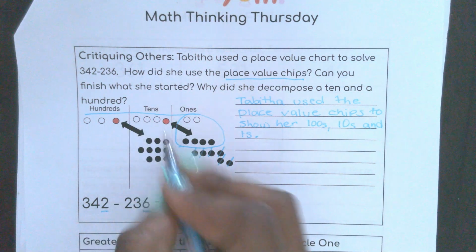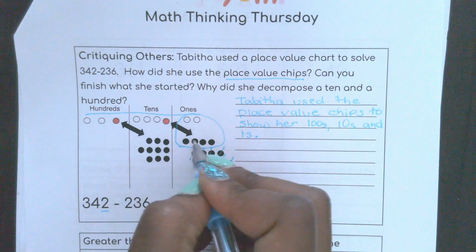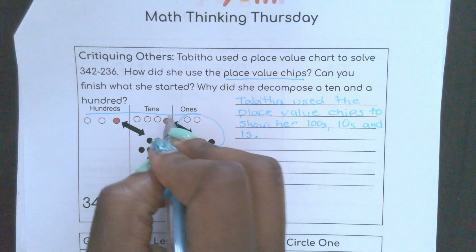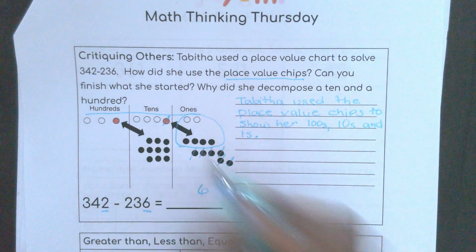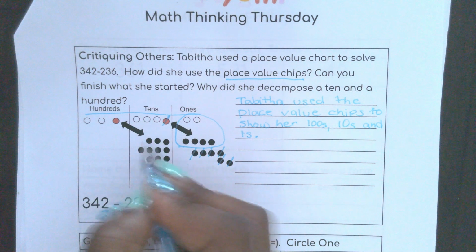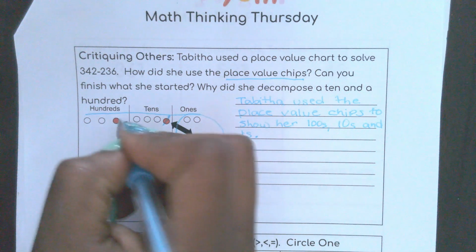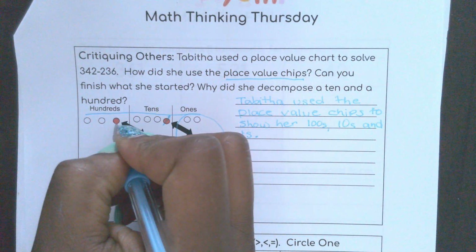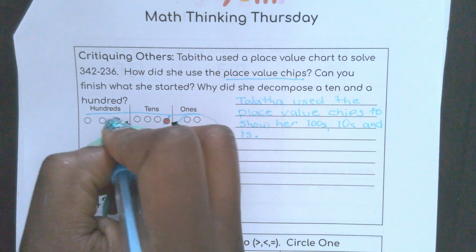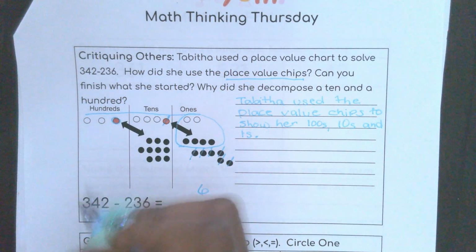This is where she encountered some problems. Remember that 10 moved over here, so it's no longer here. That's why it's red. It moved over there. But she didn't need to put all of these 10s here. So this actually needs to stay here. This one that's red should not be red. It's still one of my hundreds.